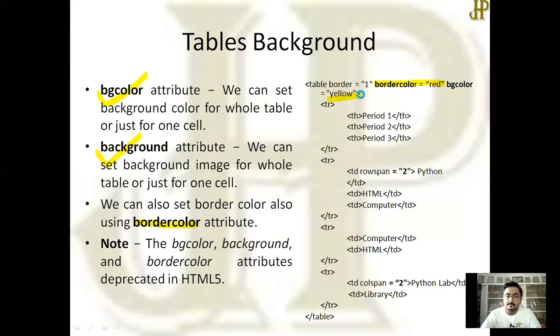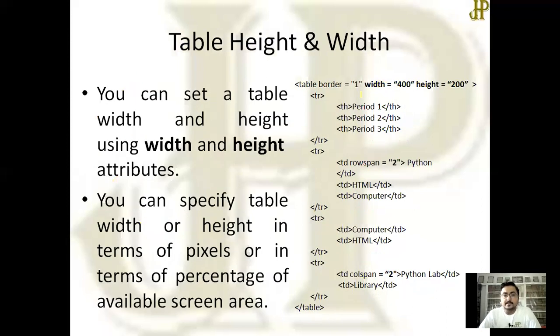And the last one is table height and width. If you want to specify the height and width of the table, then you have to give specifically the width attribute and the height attribute. Whatever you have given, the whole table and the cells are prepared with that width and height.